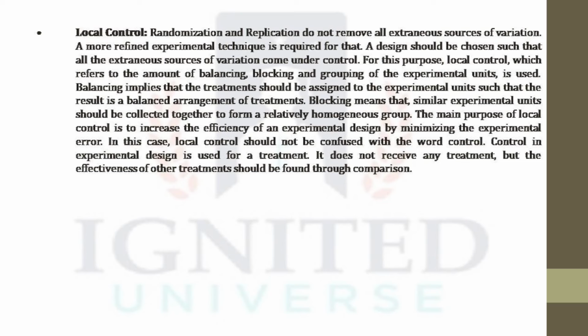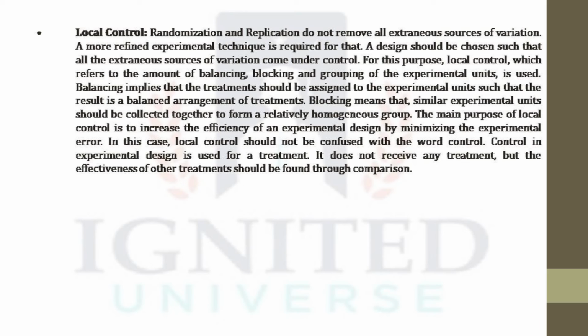A design should be chosen such that all the extraneous sources of variation can come under control. For this purpose, local control, which refers to the amount of balancing, blocking, and grouping of the experimental units, is used.